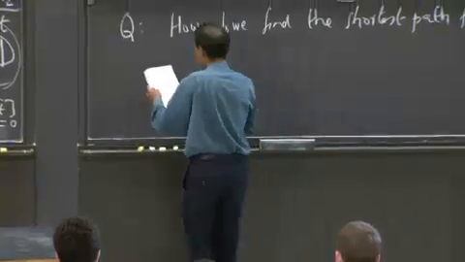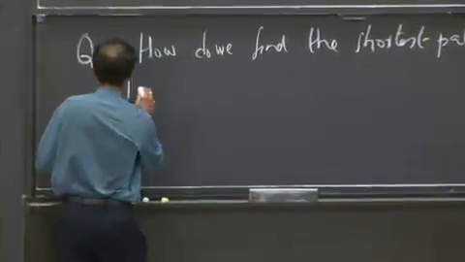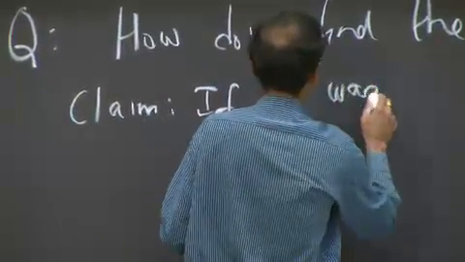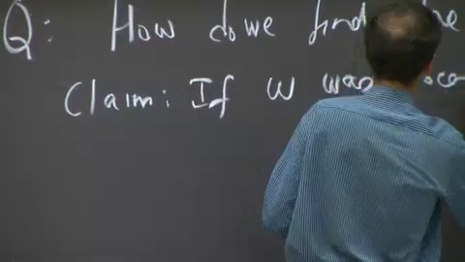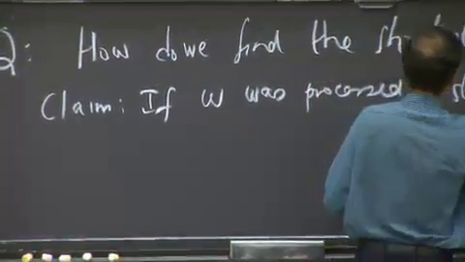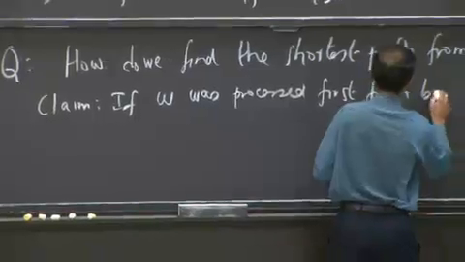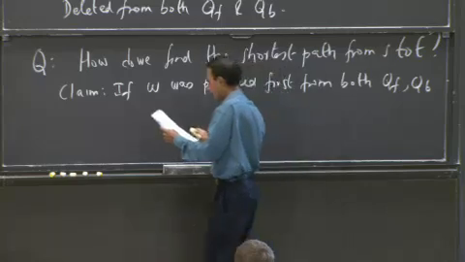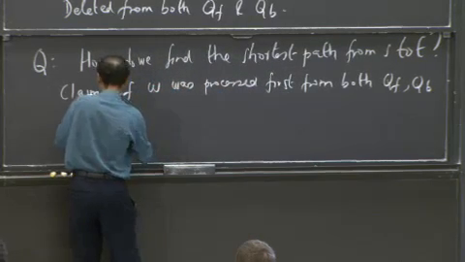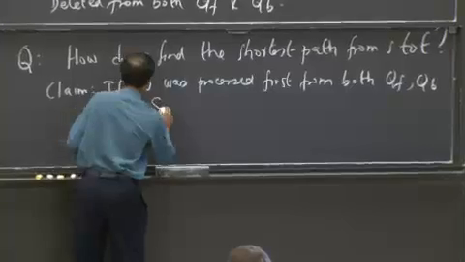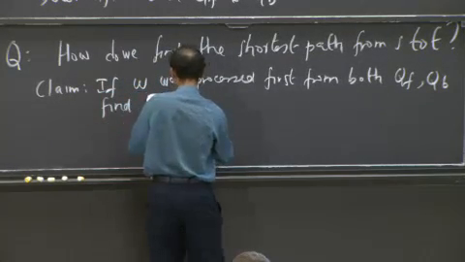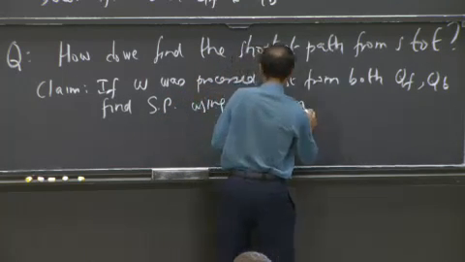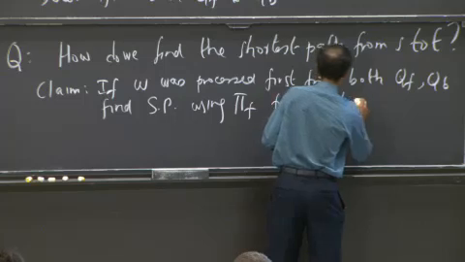Okay, so the claim is if W was processed first, or extracted from both QF and QB, then find the shortest path using pi F from S to W, right?